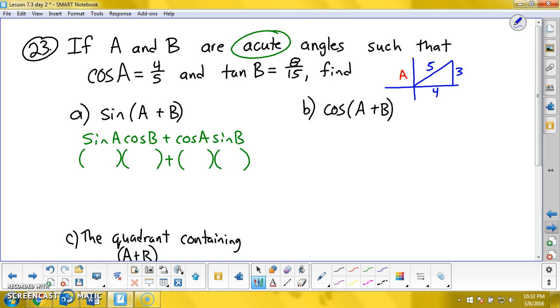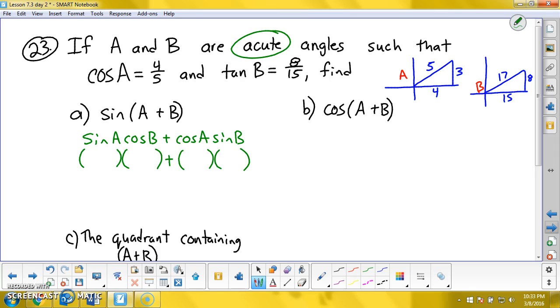If I do the same kind of thing for angle B, it says the tangent is 8/15, which means the opposite length is 8, the adjacent length is 15. If I were to use the Pythagorean Theorem to find the hypotenuse, I'd find that it's 17, and this is for angle B. So now I'll use those two reference triangles to help me with this problem.